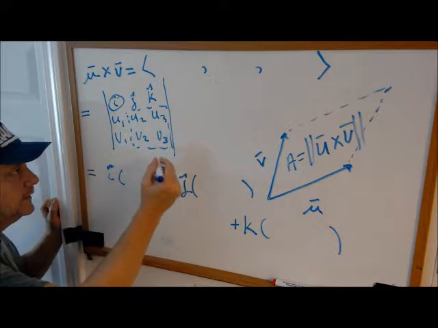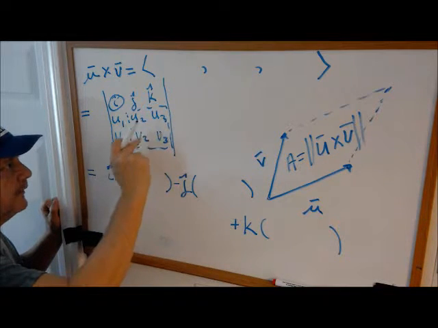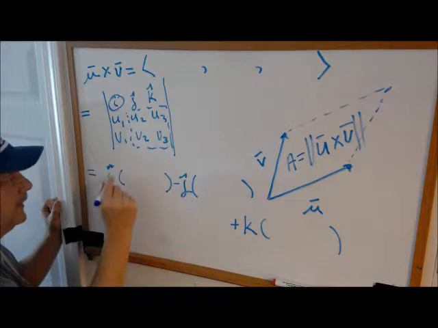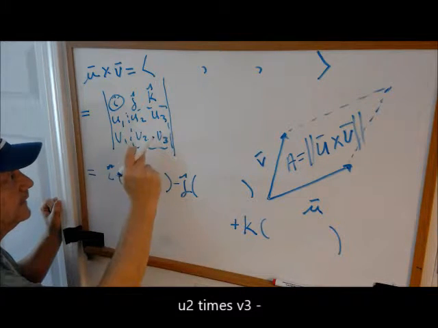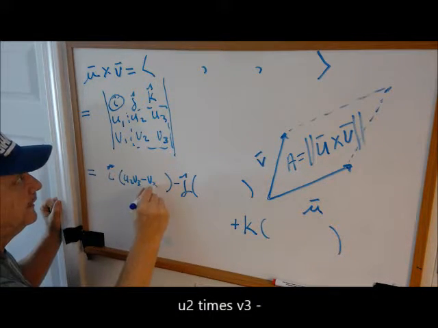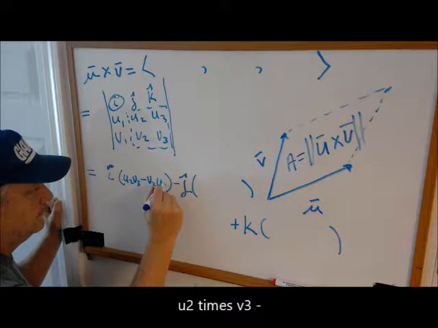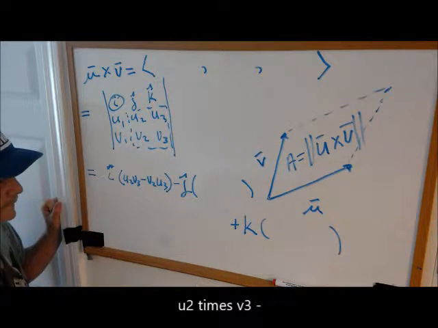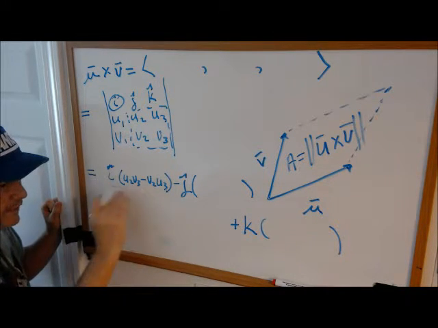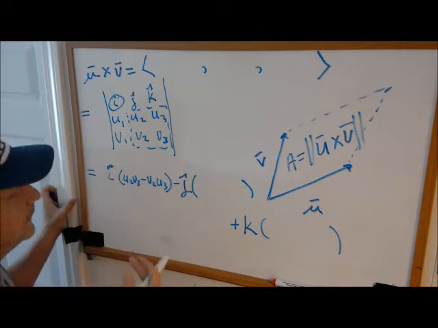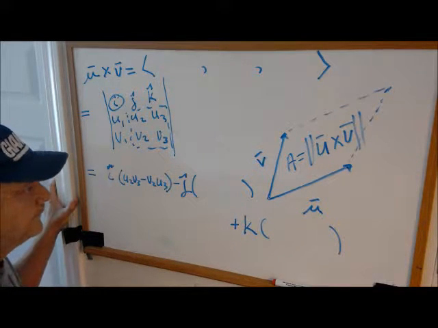By definition it is this times this minus this times this. So we write u2 times v3 minus v2 times u3. Okay? And these are just numbers or variables or expressions as functions of x, y, and z.